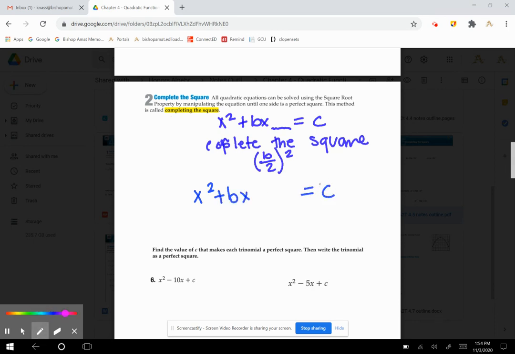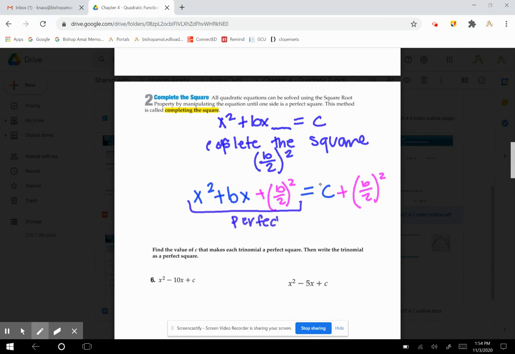That b over 2 squared number will go on both sides. Once you do that, you'll see it easier with numbers, this becomes a perfect square trinomial. And that's what we just solved.